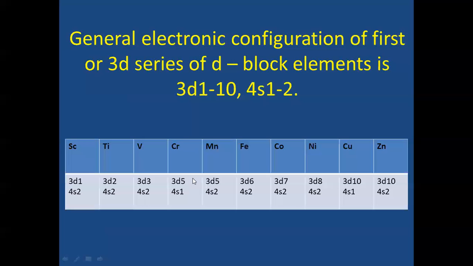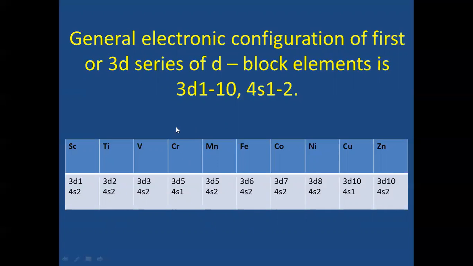Why? Because there are certain rules to be followed to write the electronic configuration of elements. Among those rules, we have the n plus l rule, where small n represents the principal quantum number and small l represents the azimuthal quantum number.